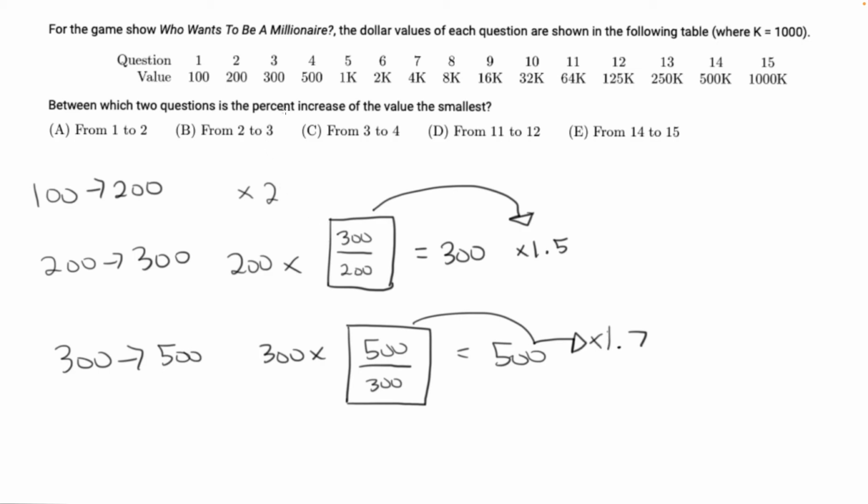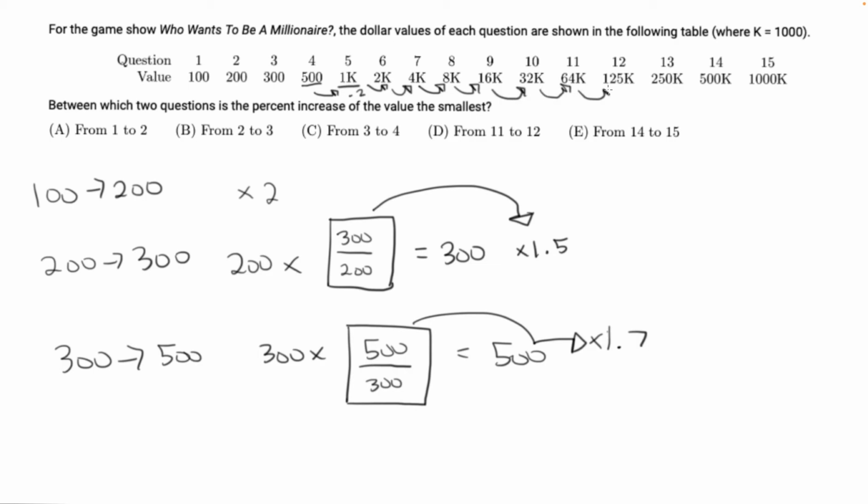And then from here, we can see that the next value is 500, and then it's 1000. So we can see that it's a 2 times increase, because 500 times 2 is 1000. And then it's the same for 2000, because it's a 100% increase, and it's a 100% increase.